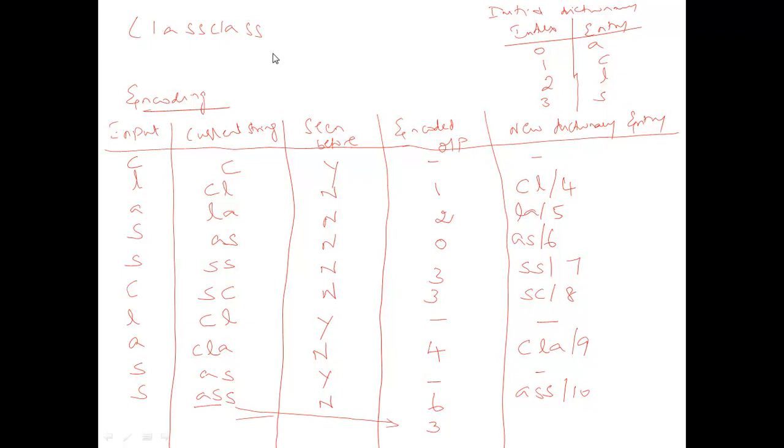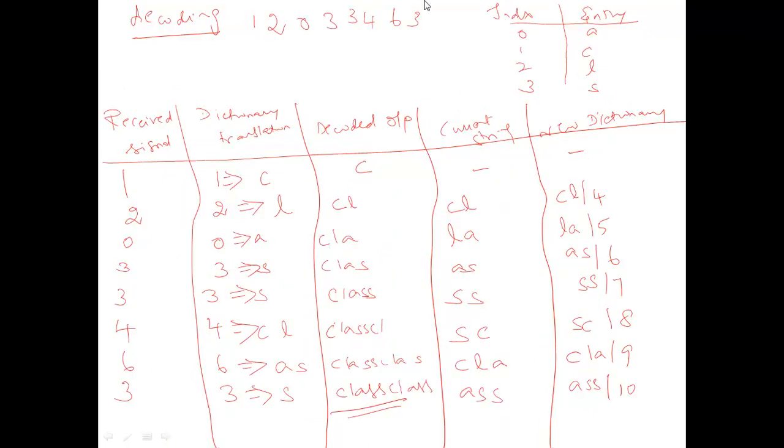These 10 characters are compressed into only 8 characters, because we are transmitting only 8 decimal numbers: 1, 2, 0, 3, 3, 4, 6 and 3. So 10 characters are compressed into 8. If you have lengthier messages, you will get much more compression.